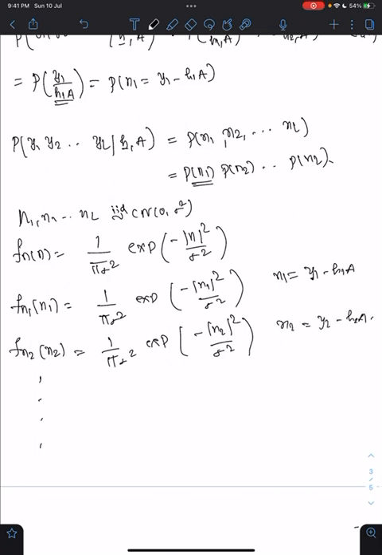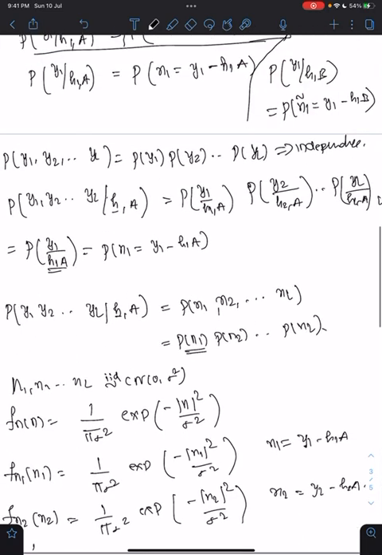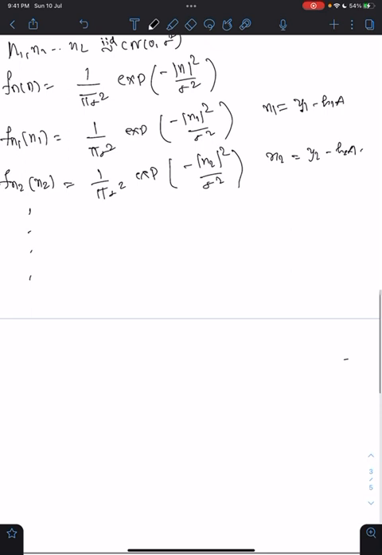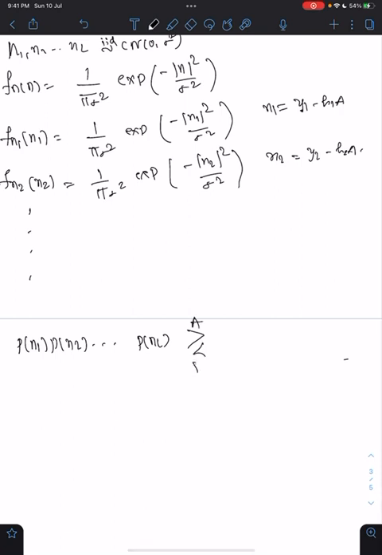You can essentially replace all these things. The rule, I will write down: probability of n1, probability of n2, and so on. These are PDFs, because n1 is a continuous random variable. For A and B, probability of n1 tilde, probability of n2 tilde.